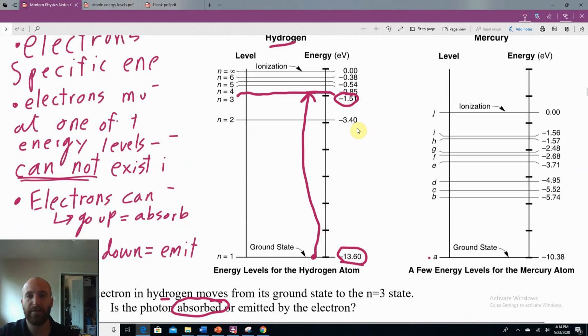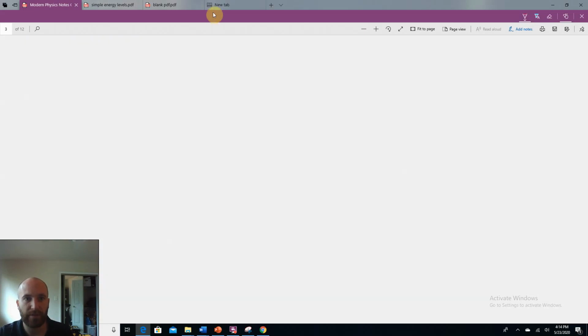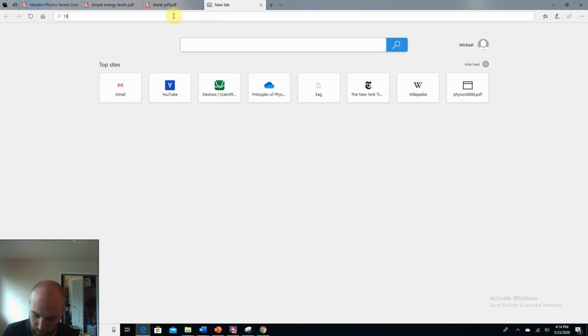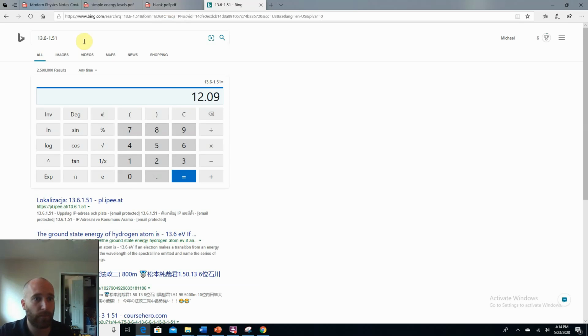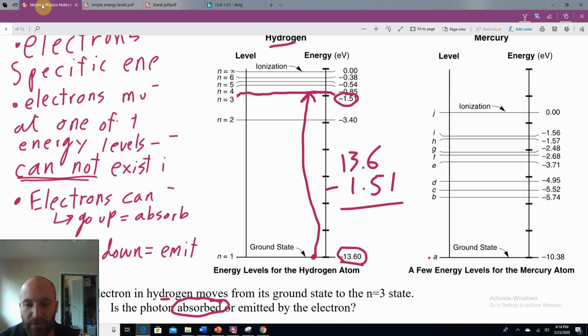So, to figure out the change in energy, how much it absorbed, I think we can do 13.6 minus 1.51. And that should give it to us. I forgot to work that out ahead of time. That was bad of me. So it's 12.09 electron volts.